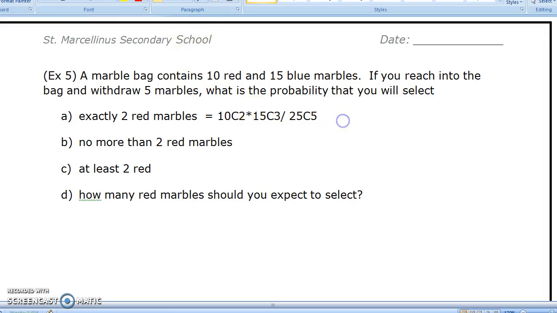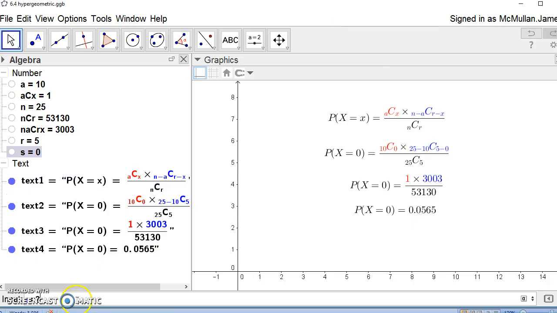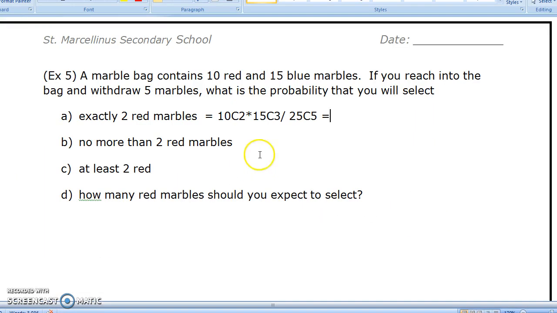Using this to help us calculate that, S is equal to 2, so we have 10 choose 2 and 15 choose 3, which gives us 38.54%. 0.3854 is the probability of getting exactly 2 red marbles.